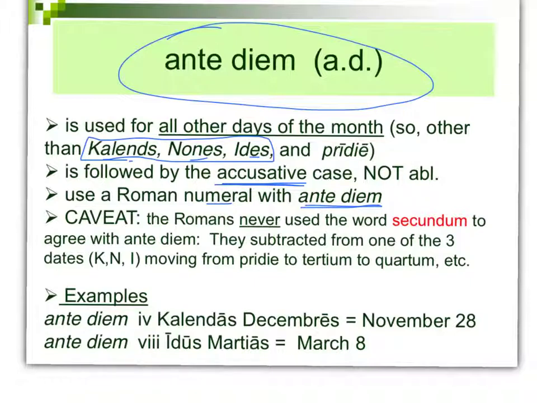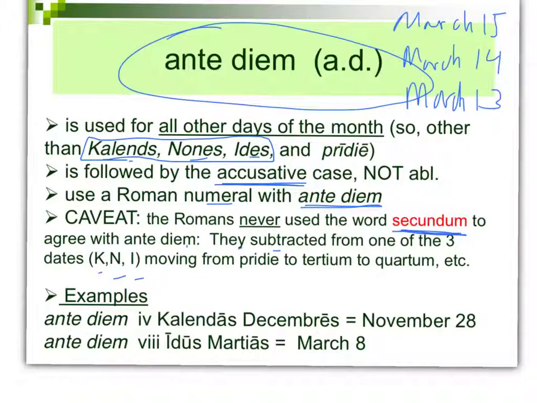One caveat, the Romans never used the word secundum, for second, to agree with ante diem. They subtracted from one of the 3 dates, the Calends, the Nones, or the Ides, moving from pridie to tertium, and then to quartum, etc. So if we go up here, March 15th would be called the Ides of March, Idibus Martiis.